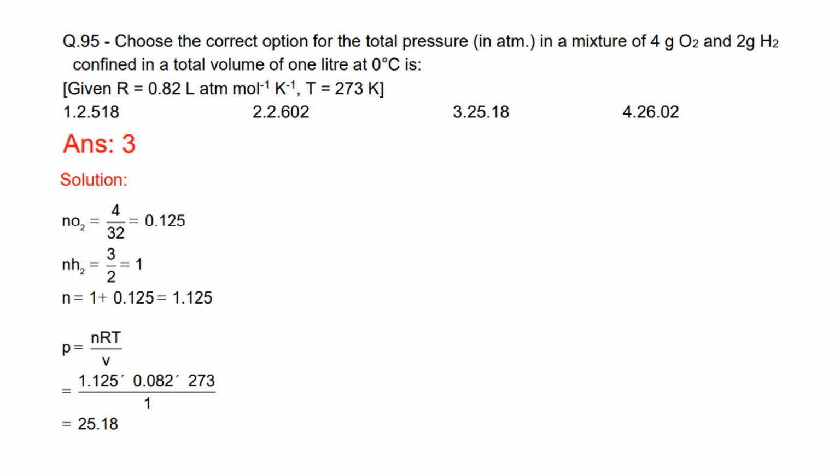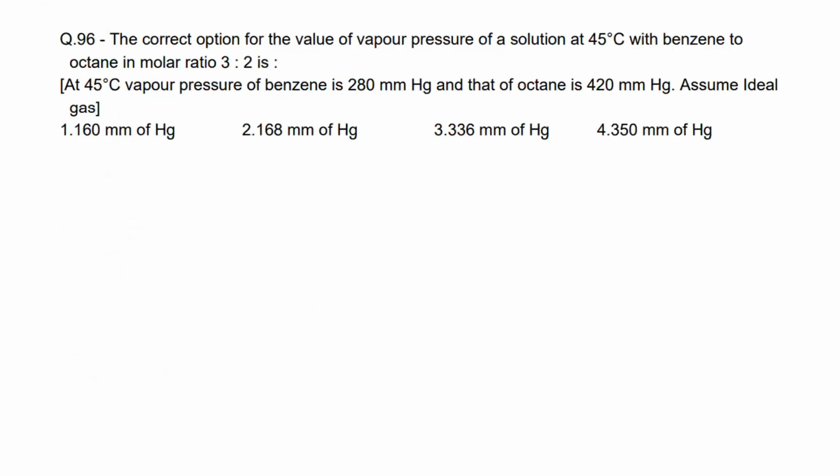Next, question number 96. The correct option for the value of vapor pressure of a solution at 45 degrees Celsius with benzene to octane in molar ratio 3:2. And at 45 degrees Celsius, the vapor pressure of benzene is 280 mm of Hg and that of octane is 420 mm of Hg.